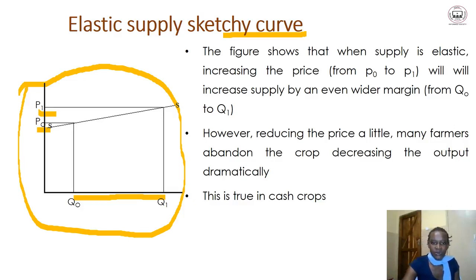Also, just by reducing from P1 to P0, there is a great decrease in quantity from Q1 to Q0. So we're saying that this is very true in cash crops. I think this happened here in Malawi at some point in time, especially in terms of tobacco.